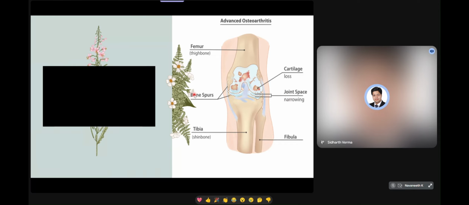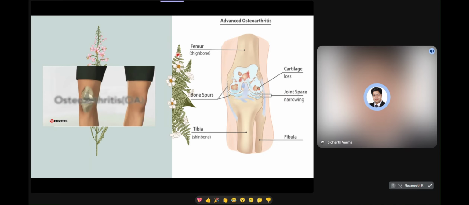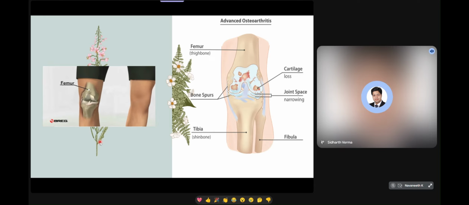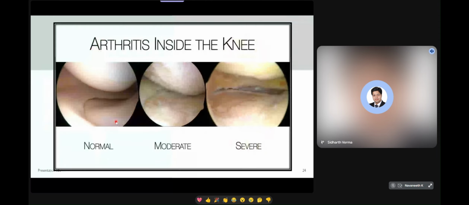Okay, in the advanced osteoarthritis you will see all these issues which will be there in the knee, and this can be diagnosed on an x-ray when clubbed with the clinical symptoms. Okay, and you can see the anterior cruciate ligament which is here, and this might be torn in many cases. And inside the knee how it looks, so if we put a scope inside the knee, this is how it looks.